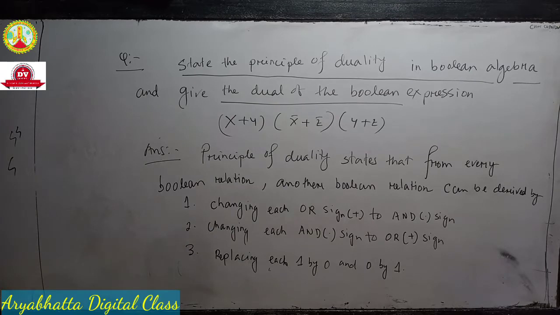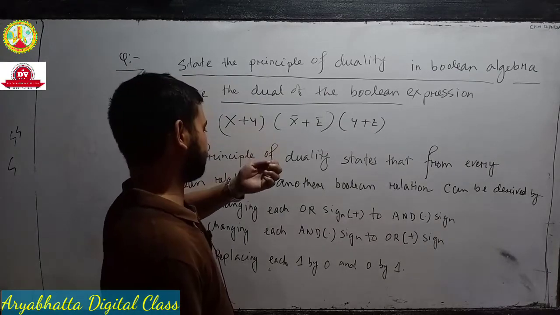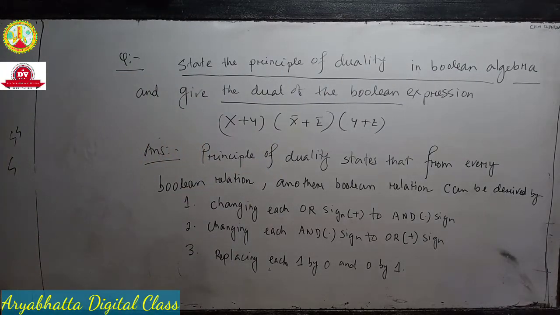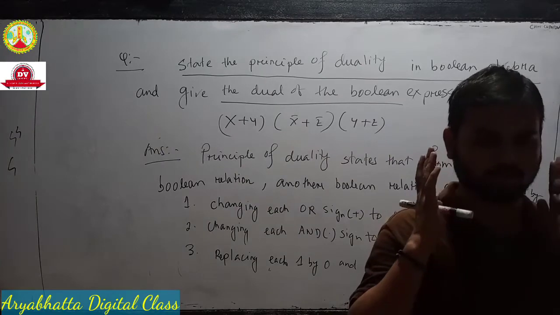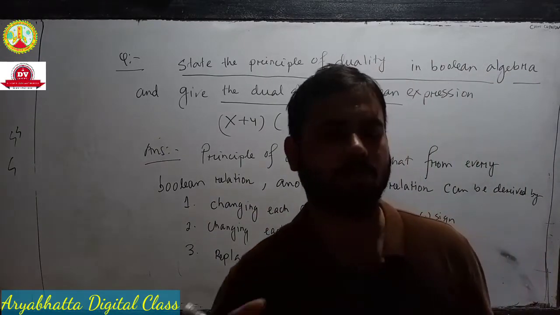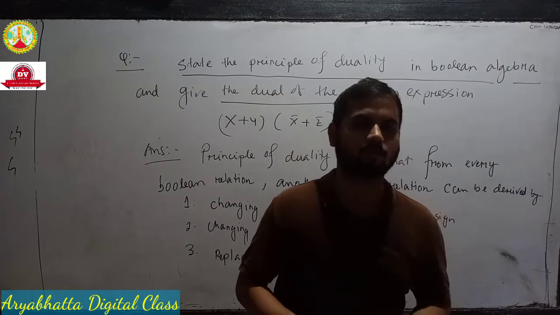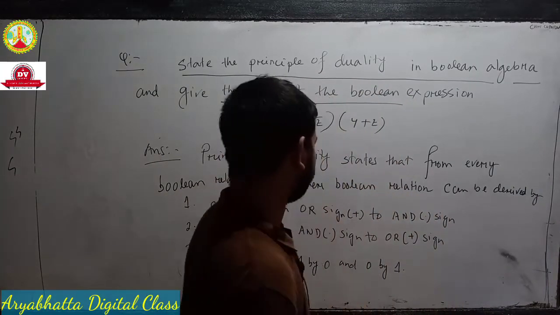I already told you: plus to into, into to plus, and replacing 0 by 1 and 1 by 0. This is the main rule.